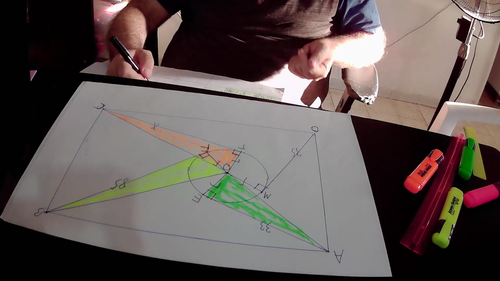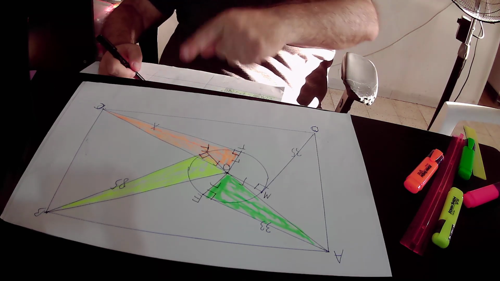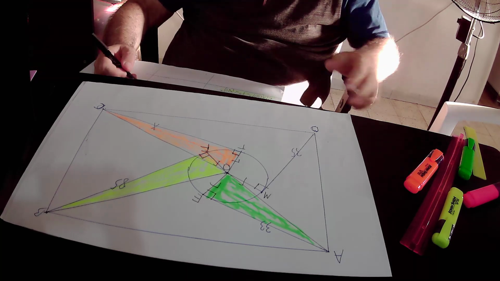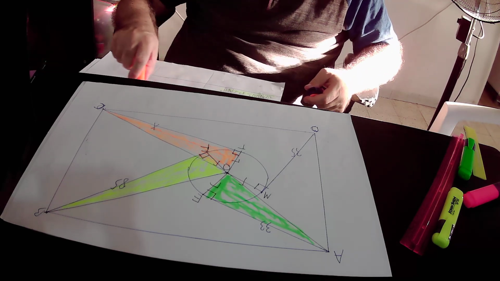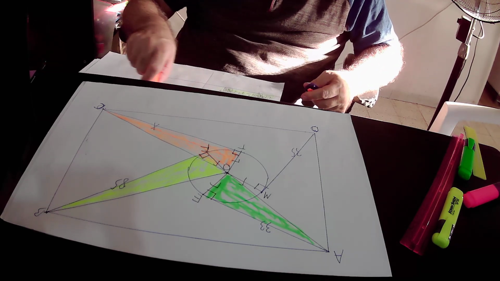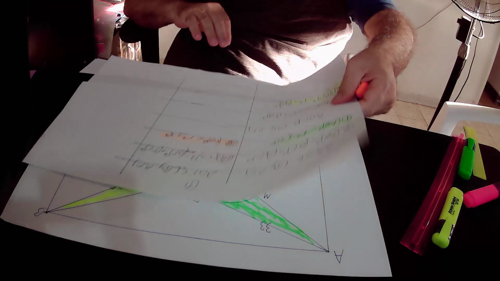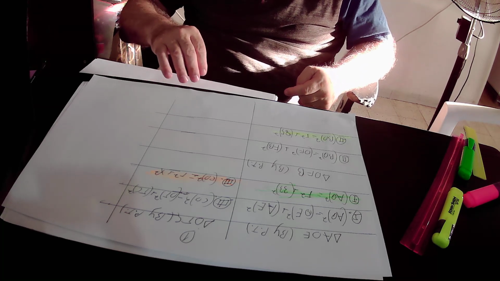OT equals R, therefore OT square is R square, plus TC square. TC equals X units, therefore TC square will be equal to X square. So in conclusion we found out that according to equation number 3, CO square equals R square plus X square.